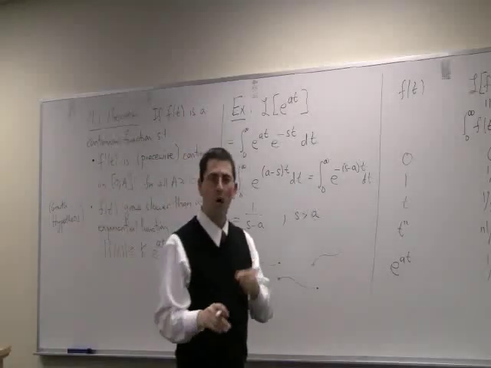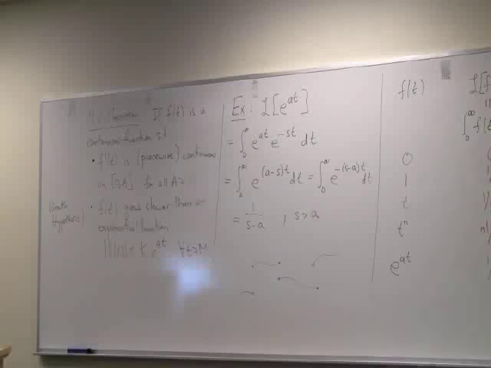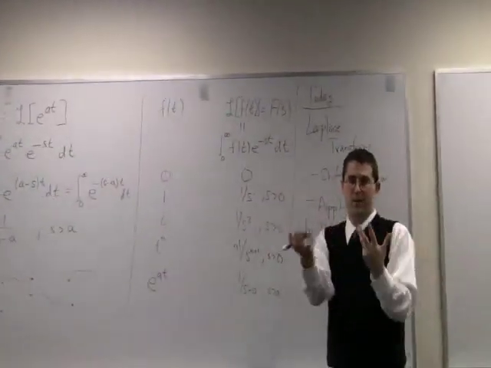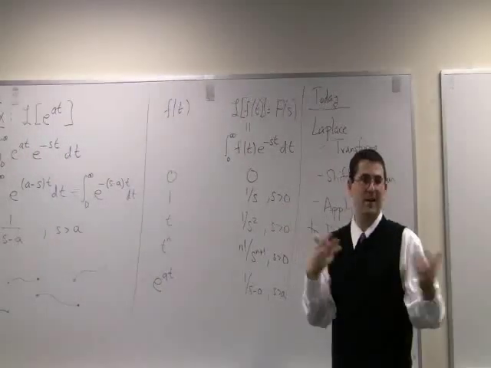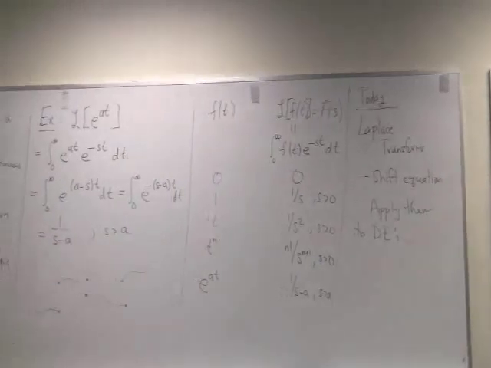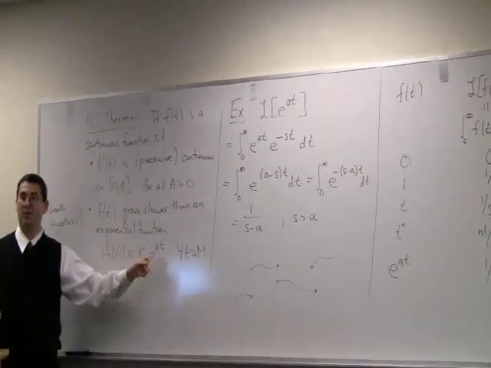And of course, the reason why we want that is when we start computing these things, we know what happens. You end up getting, oh yeah, this thing's going to 0, this thing's going to infinity. And you want to know what's the limit going to be. So you have infinity times 0, where's it going? And so you want this growth hypothesis to ensure that f of t is going to infinity slower than the exponential function is going to 0.